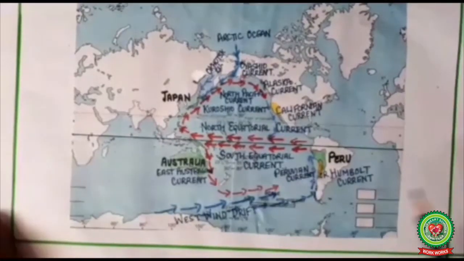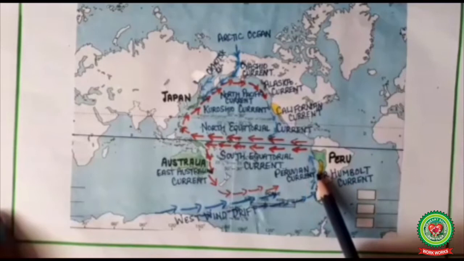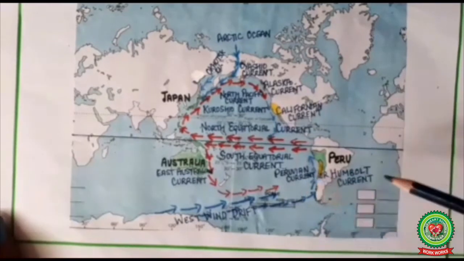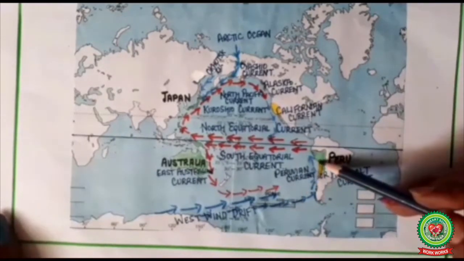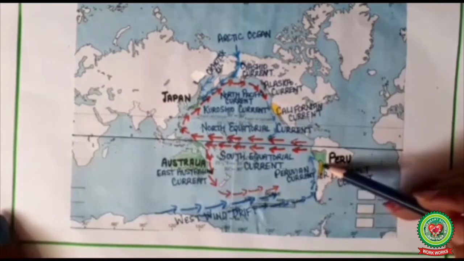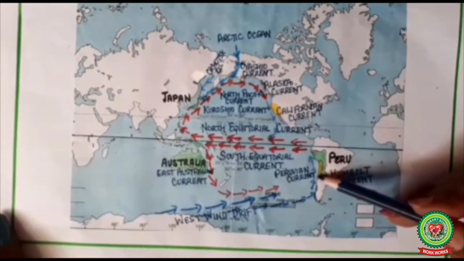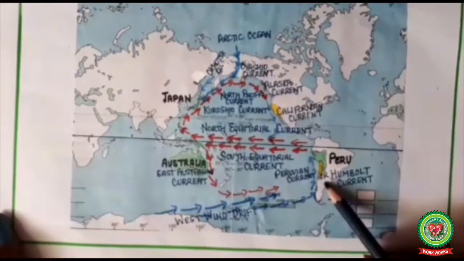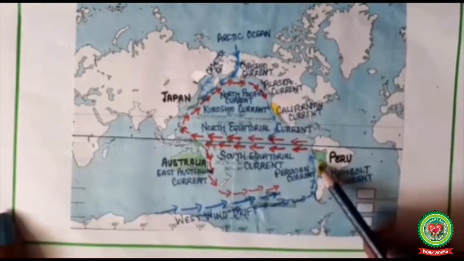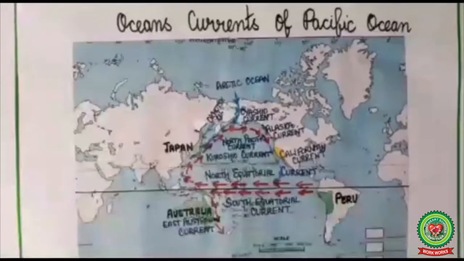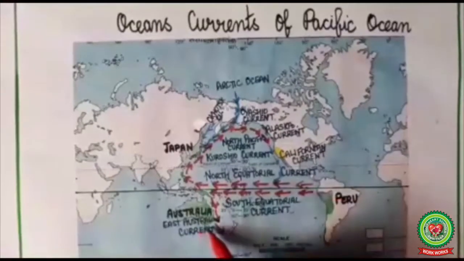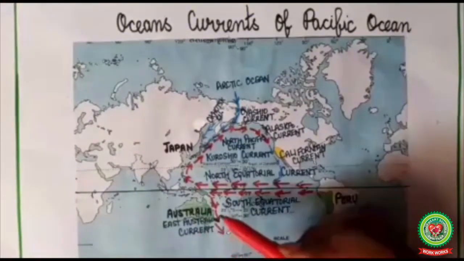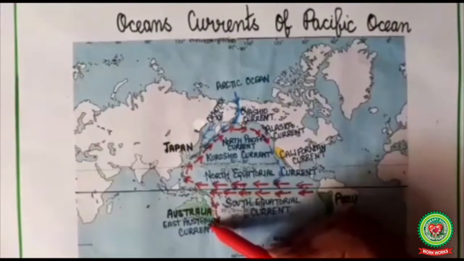Due to the cold Peruvian Current or Humboldt Current, the Atacama Desert is created, which is the driest desert in the world with less than 10 centimeters of rainfall. The East Australian Current brings heavy rainfall along the eastern coast of Australia.